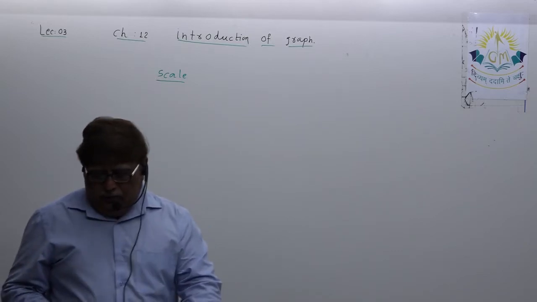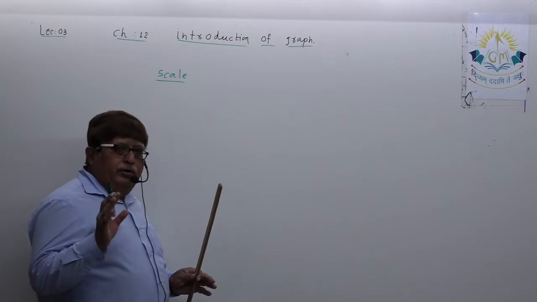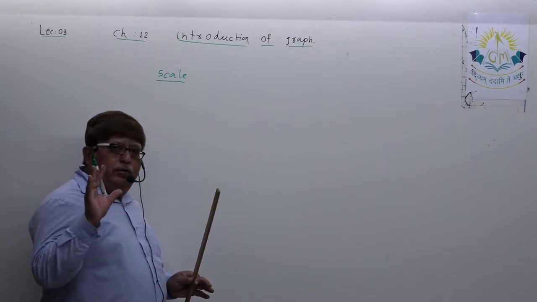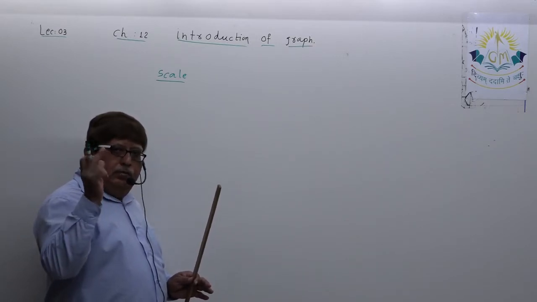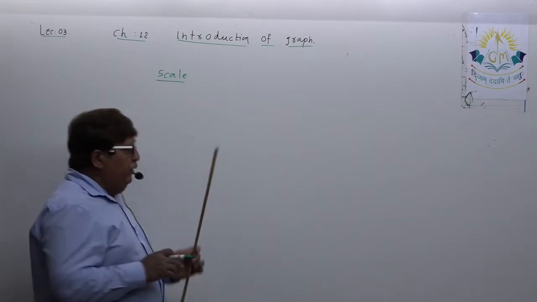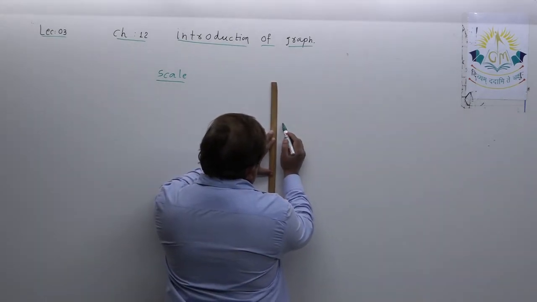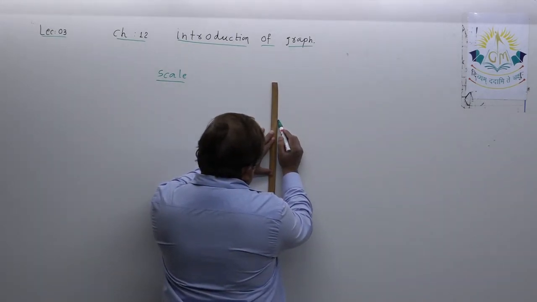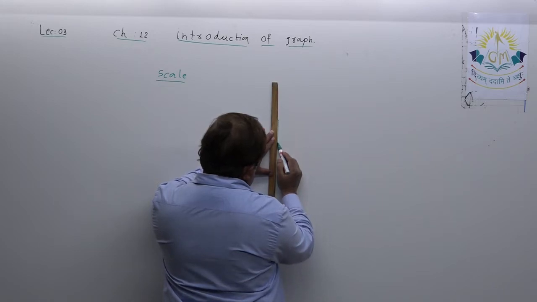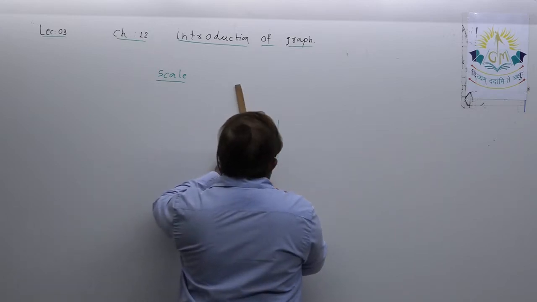Okay, let me explain this. For making you understand the scale, I am not going to draw the whole graph paper, but just one box to make you understand the scale. Okay, suppose, dear student, please understand the scale factor very consciously.